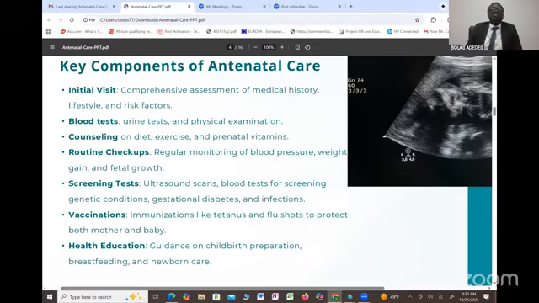Then prenatal vitamins. This is essential because most times any pregnant woman is prone to have what we call dilutional anemia, or pre-existing anemia. Dilutional anemia just means that the woman is retaining water in her body system.